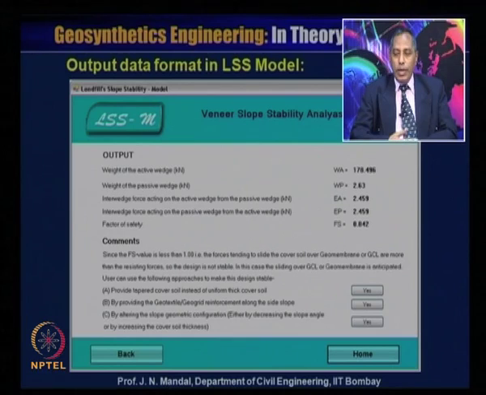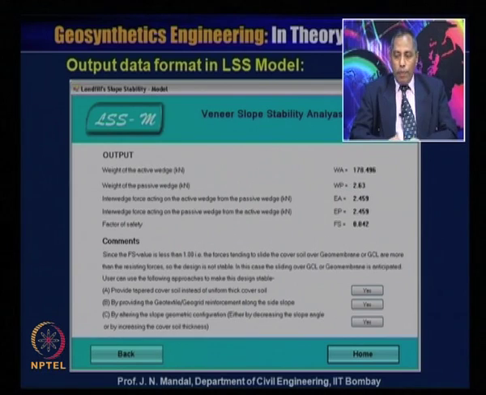And B, by providing geotextile or geogrid reinforcement along the side slope. Because if we provide geogrid reinforcement, there will be development of shearing resistance between the cover soil and the geogrid material, and that will also improve the stability factor.